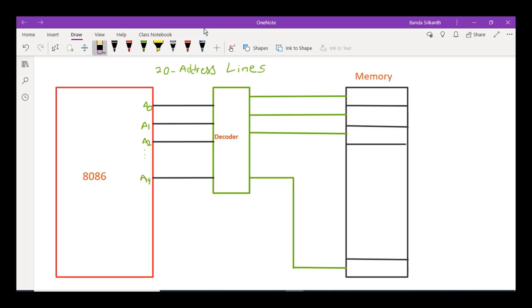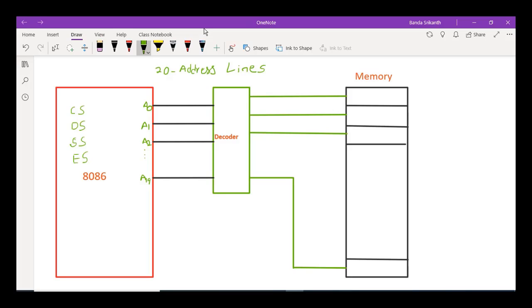So here our point is, we have different kinds of segment registers in the 8086 processor. Those are the code segment register, data segment register, stack segment register, and extra segment register.